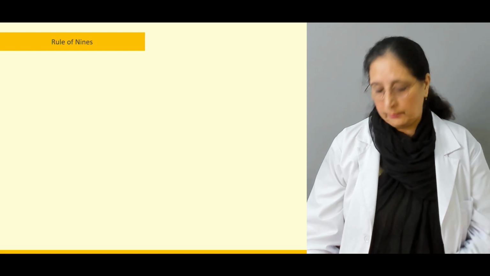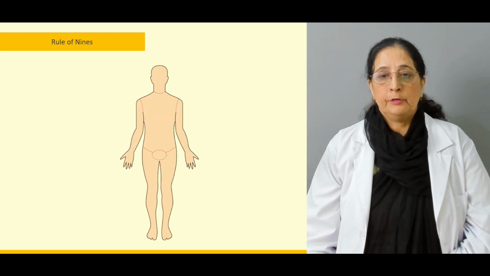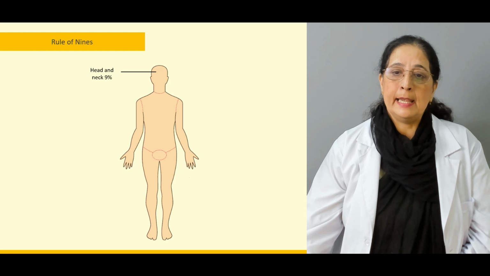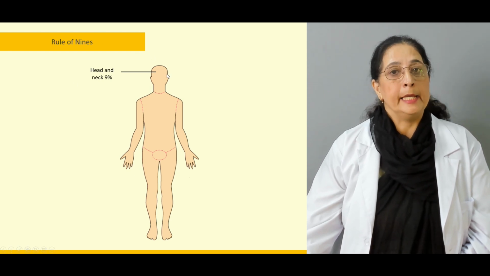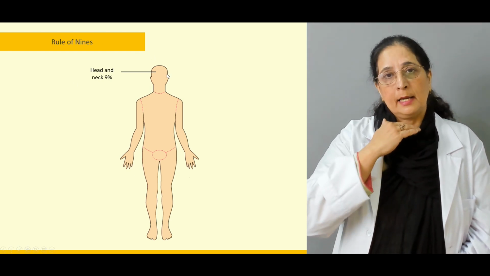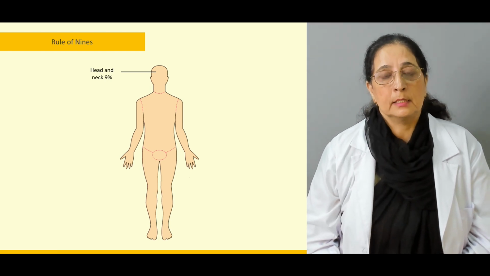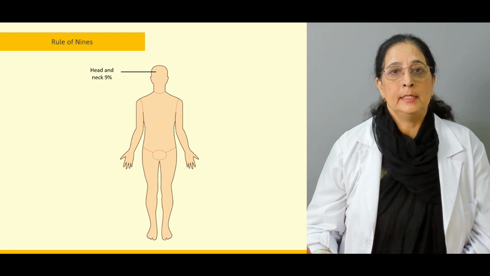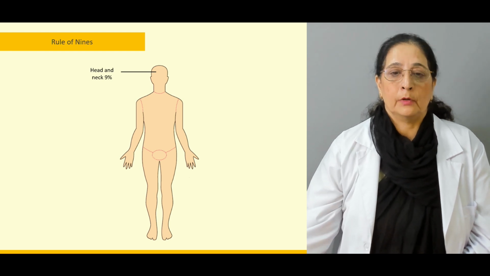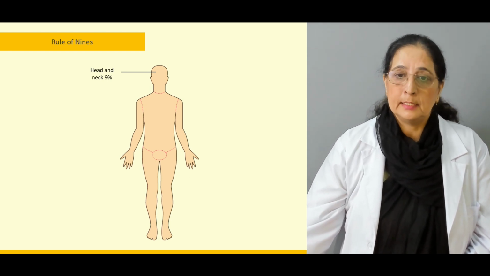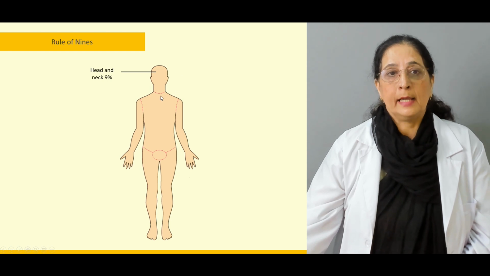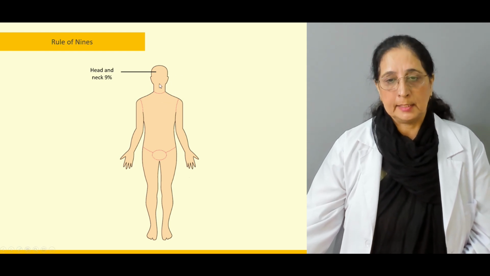In the rule of 9s, the head and neck is 9%. So if the head and neck is burned and all the other parts of the body are not affected, it means 9% of the body surface area is affected.